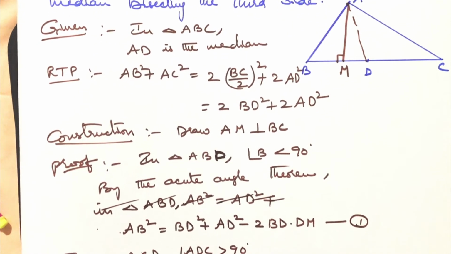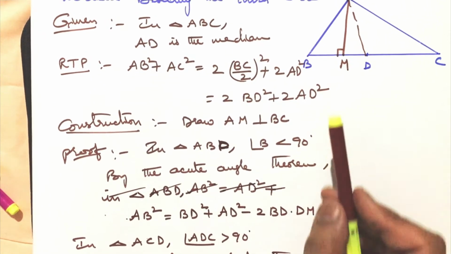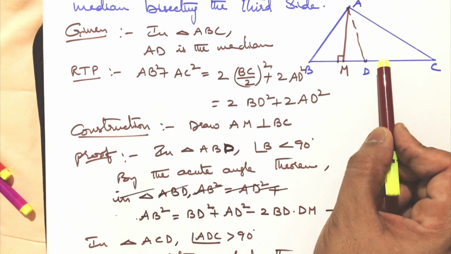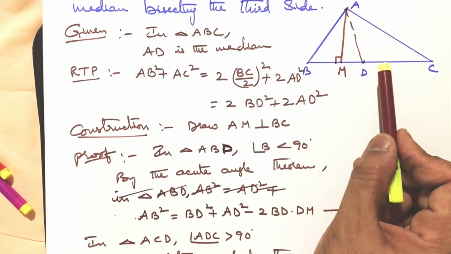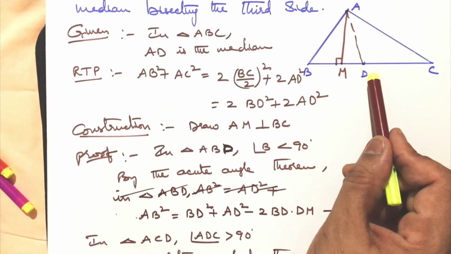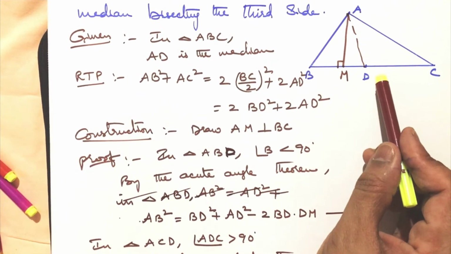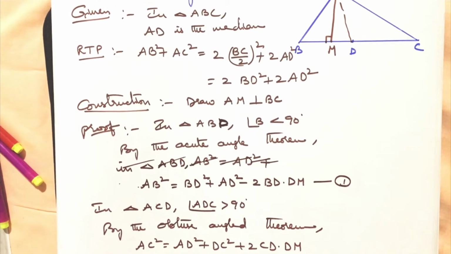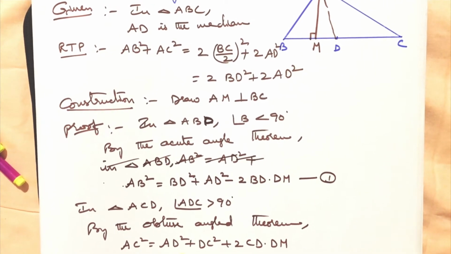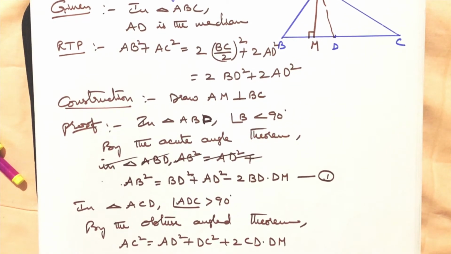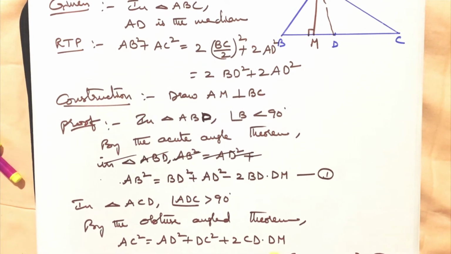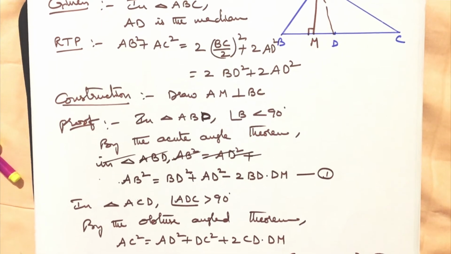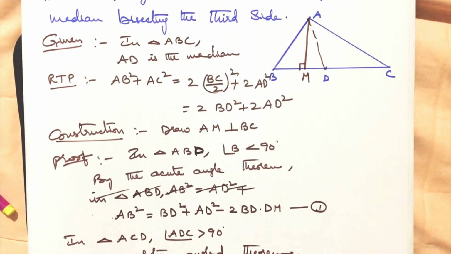Now take triangle ACD. In triangle ADC, angle ADC is more than 90 degrees, an obtuse angle. So you can use the obtuse angle theorem. By using the obtuse angle theorem, AC square is equal to AD square plus DC square plus 2 times CD into DM. But in the figure D is the midpoint, I mean AD is a median, no?